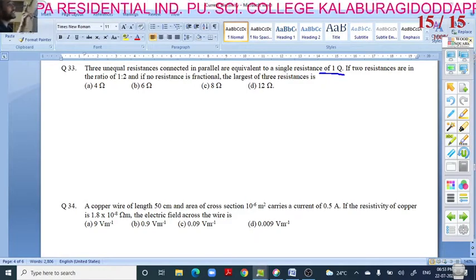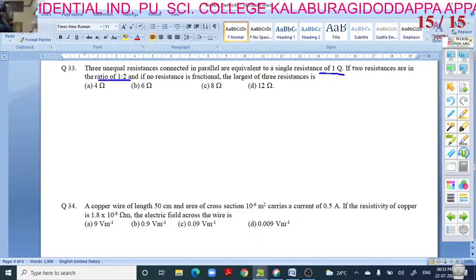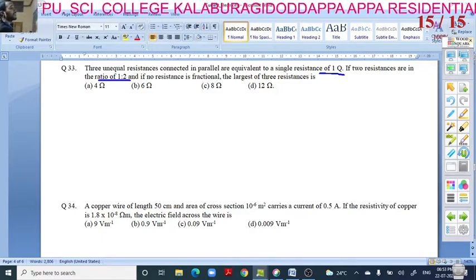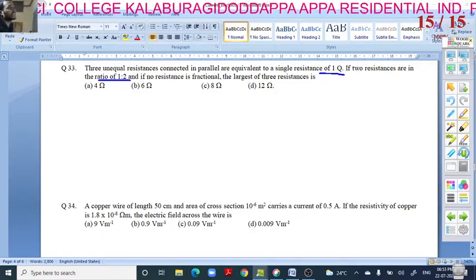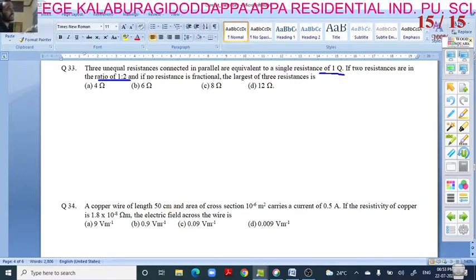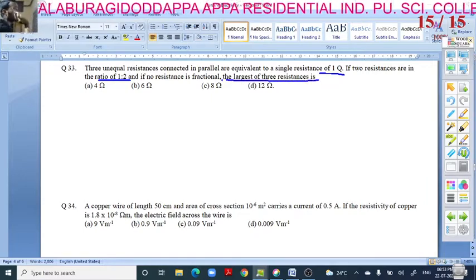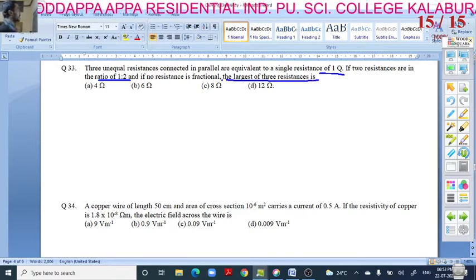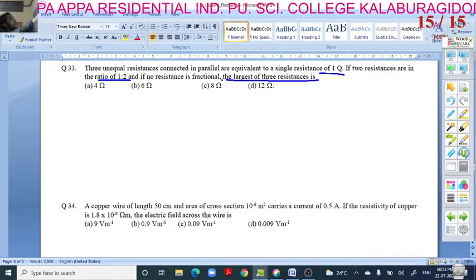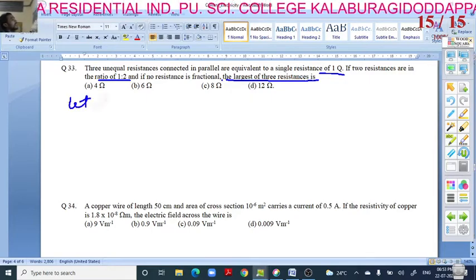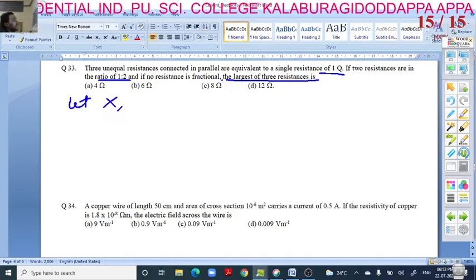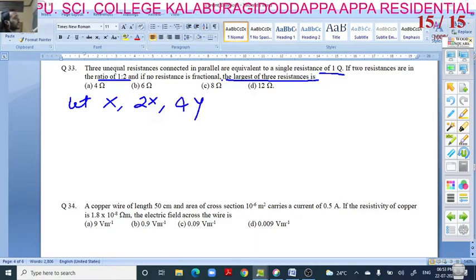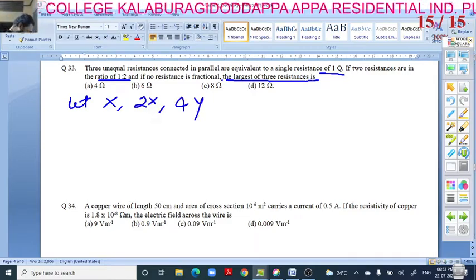If two resistors are in the ratio of 1:2, and if no resistance is fractional, the largest of the three resistances is? First, let us consider the three unequal resistances x, 2x and y as the three resistors.